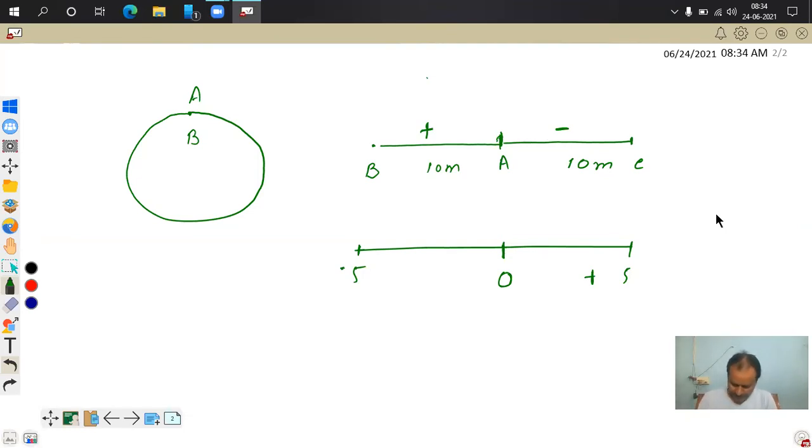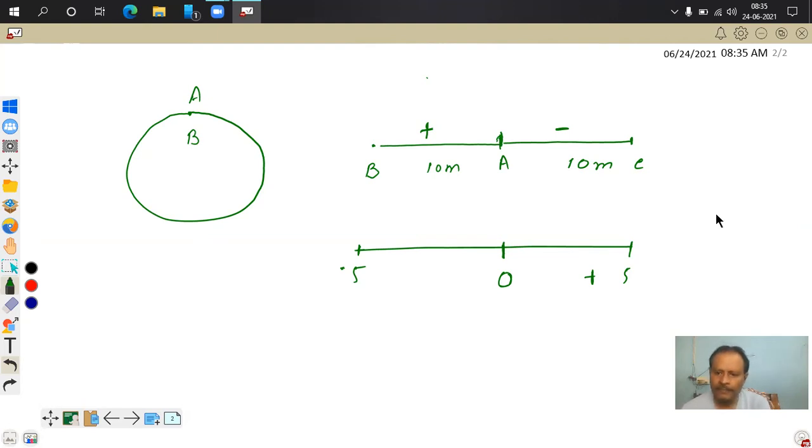So difference between distance and displacement दिया हुआ है. So what did we understand? What is the difference between distance and displacement? Distance is the length of the total path traveled, and displacement is the length of the shortest path between the starting point and the end point.